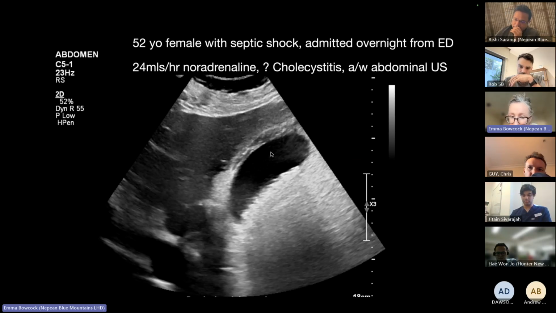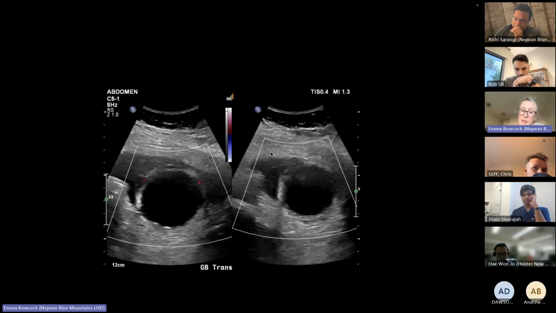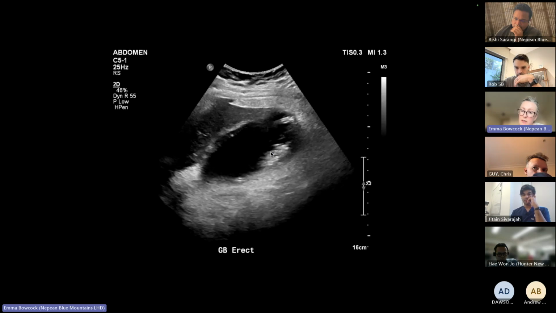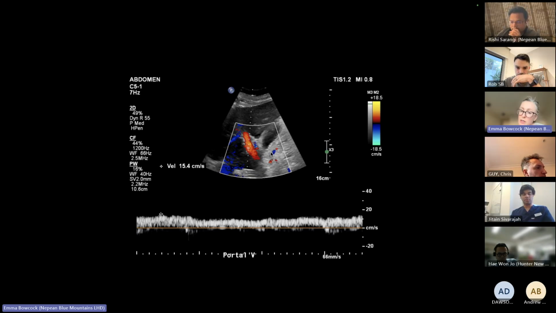So yeah, distended gallbladder with thickened wall with pericholecystic fluid. Gallstones here, you want to definitely look in the neck for an impacted large gallstone as well. Dilated CBD, definitely see some gallstones here. And that was just at the end.